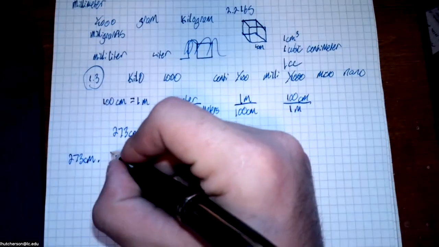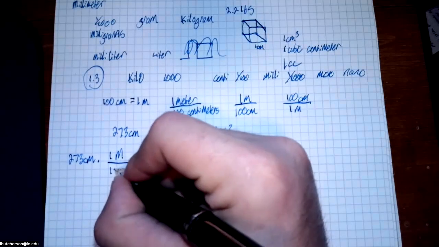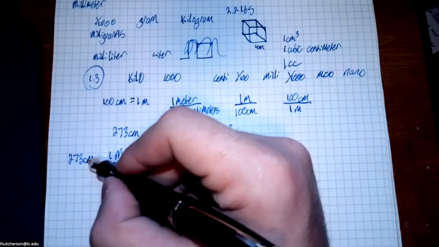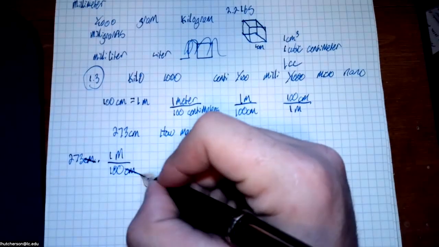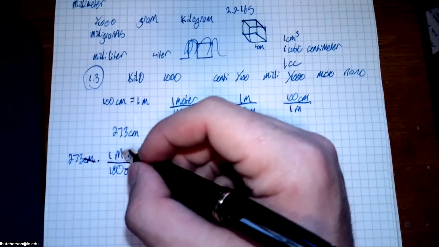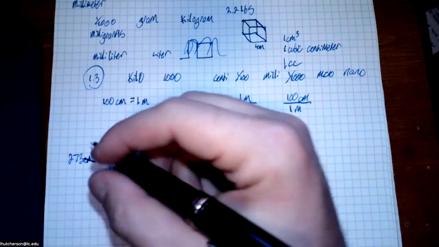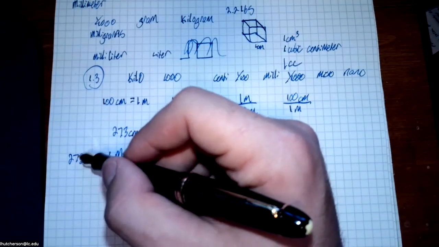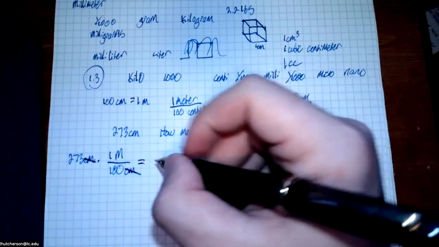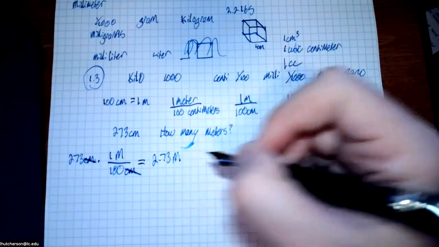So if I multiply this by 1 meter over 100 centimeters, that gives me centimeters on the top and centimeters on the bottom, which can cancel. The only unit left is meters on top, which is what I want. So basically, this is telling me that I take the 273 centimeters, divide it by 100, and I get 2.73 meters.